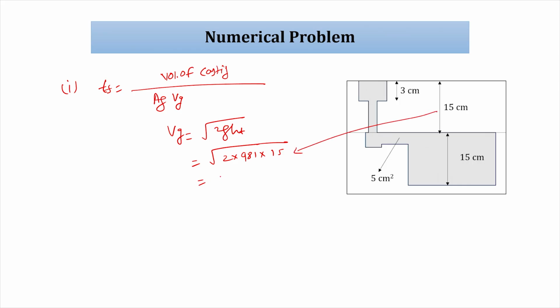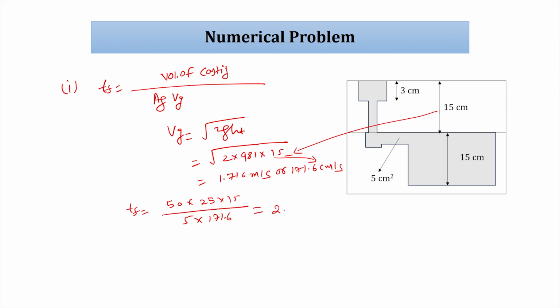That is equal to 1.716 meter per second or 171.6 cm per second. This is in cm scale. So, TF equal to 50 into 25 into 15 divided by AG 5 into 171.6.